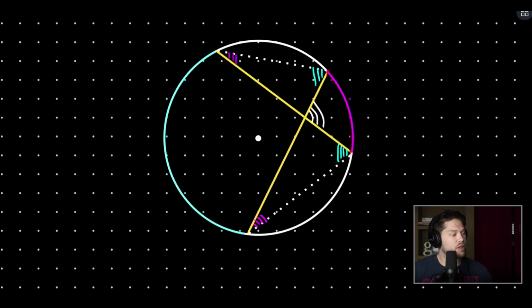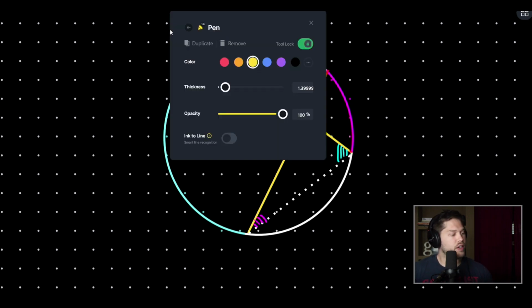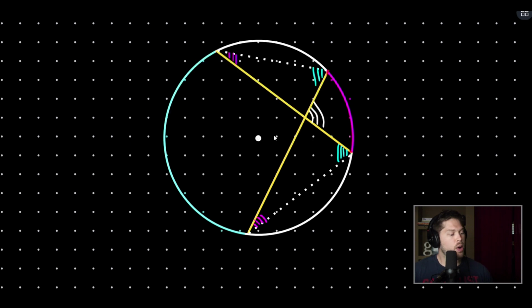Okay, so I'm going to change colors here to red. Let's talk about this third angle. What is the value of this third angle? Well, this red angle is equal to 180 degrees minus my blue angle and minus my purple angle.